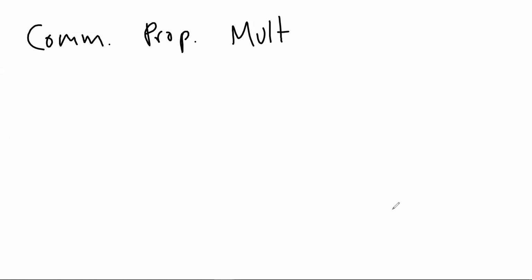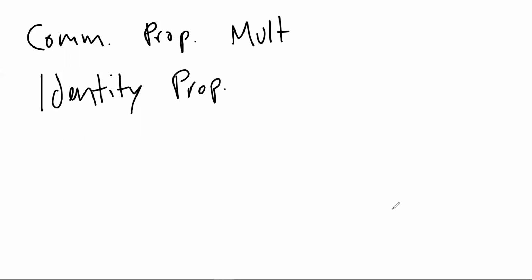So those were the first ones. Now I'm going to do property of multiplication. You can shorten them up like I am on this, as long as you know what it is. Identity property of multiplication. Then we got the multiplicative identity.